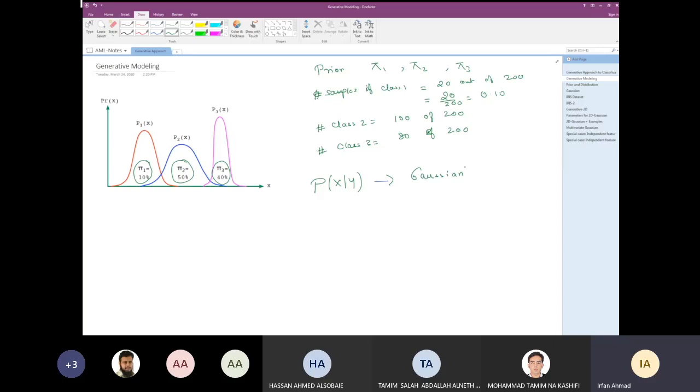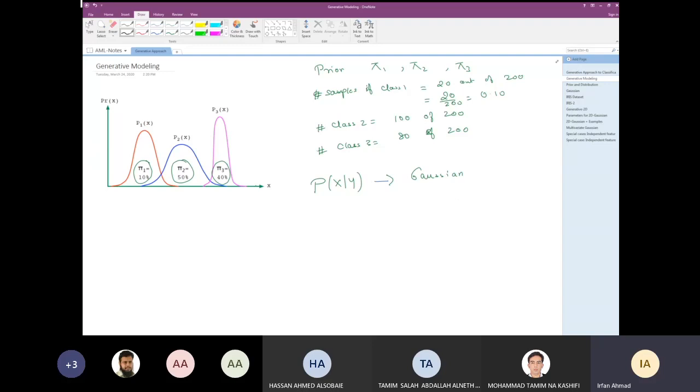But before going into the details of that, let's try to make some sense out of this. What is it saying? If you see here, we have these three class distributions, and you can see this bell curve. This is the normal distribution. So assuming we are already using normal distribution, and this is the feature, right?